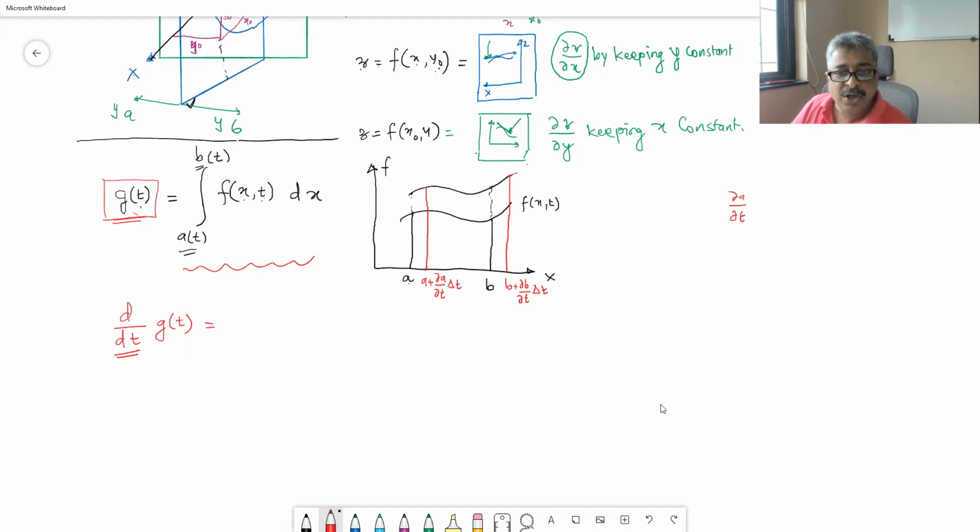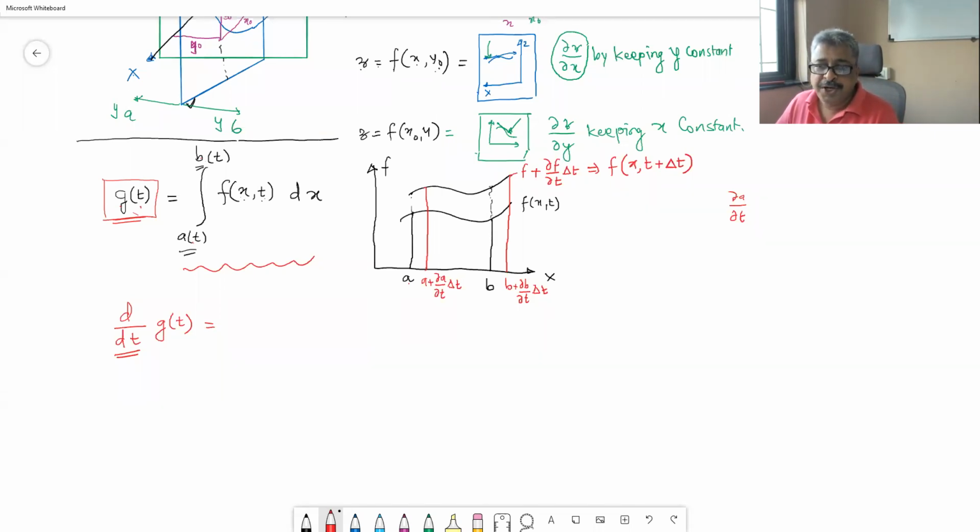This function is going to be f of x comma t plus the rate of change of f with respect to t into delta t, or in other words I can write this function as f of x comma t plus delta t. Is this clear to everyone? This notation is going to be important. Pause the video.